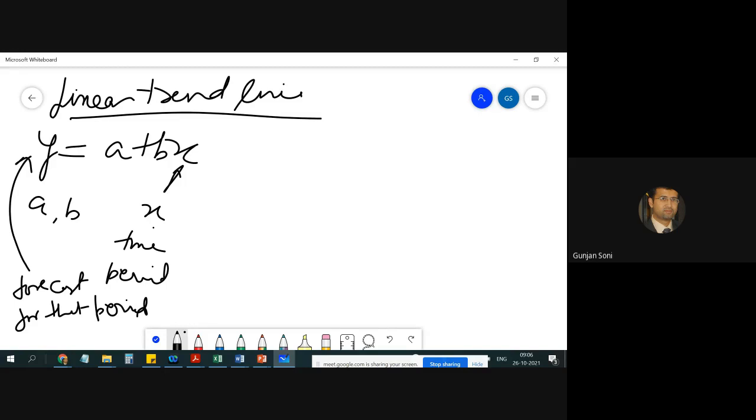Now here, we are assuming two things. We are assuming that the forecast is dependent on a certain factor related to the period. For example, temperature and ice cream. So ice cream is dependent on the temperature. So there is a relationship between the two variables. One is a dependent variable, another is an independent variable.